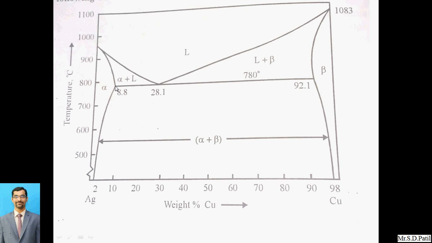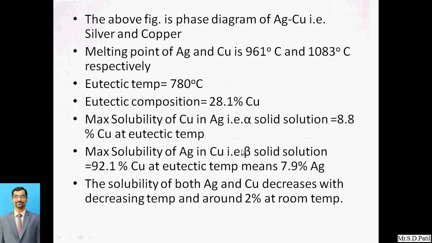So 8.8% copper can be soluble in Ag, that is silver, at eutectic temperature. Okay, now the maximum solubility of Ag in Cu. So when everything is in the copper phase, how much percentage of silver can be soluble in it at eutectic temperature?